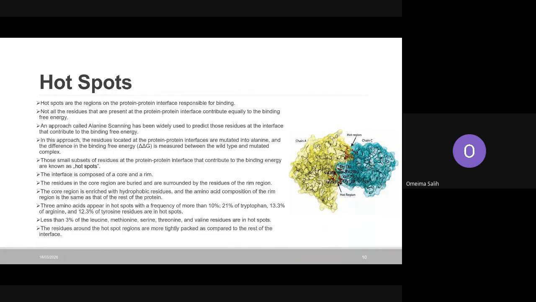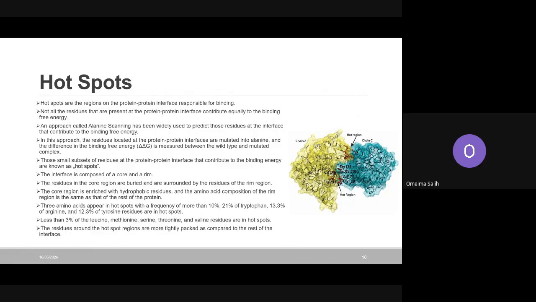Not all residues that are present at the protein-protein interface contribute equally to the binding free energy. And we defined before what binding free energy is. That is the difference of energy between the unbound and the bound status of these residues.